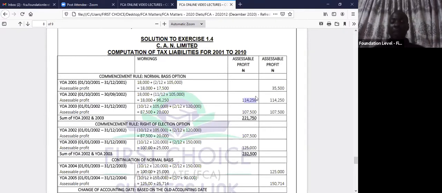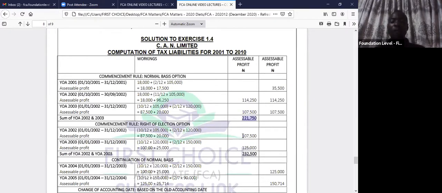Notice I kept it here and not here, because by keeping it here, I know I will be doing right of election. I want to see which one I will promote to the other side. So I put it here temporarily. Second year, I put the third year here also, and I'll sum.